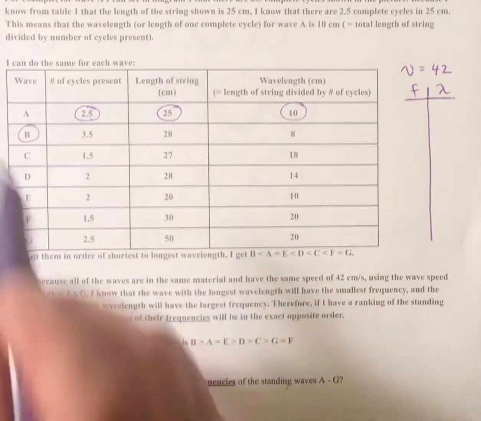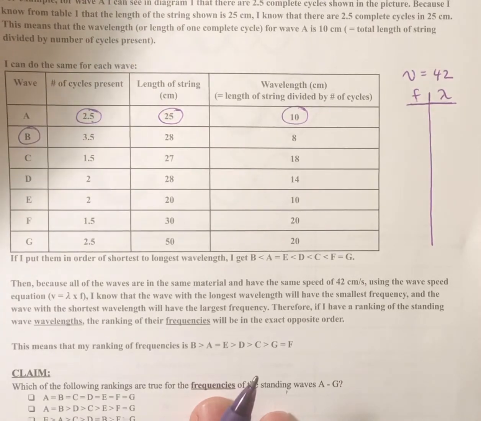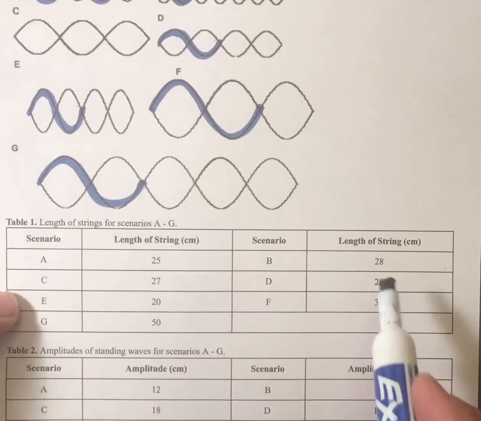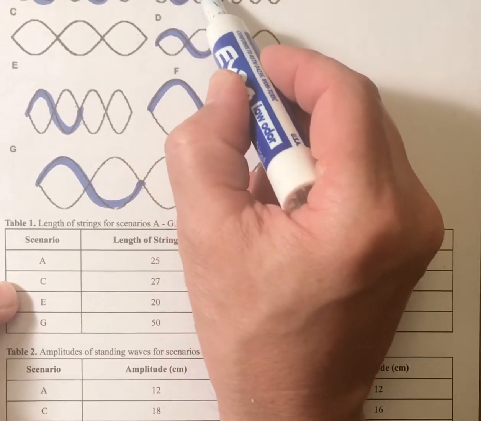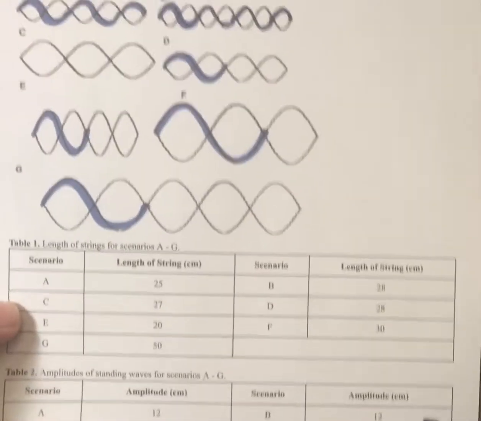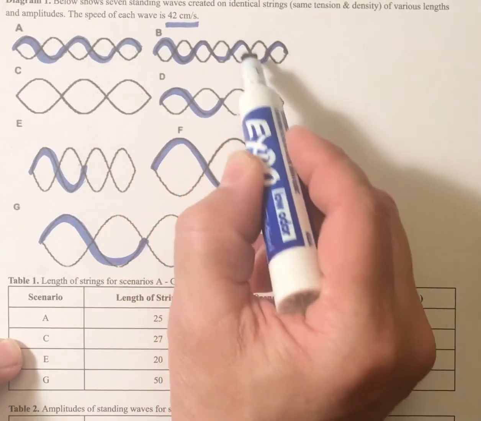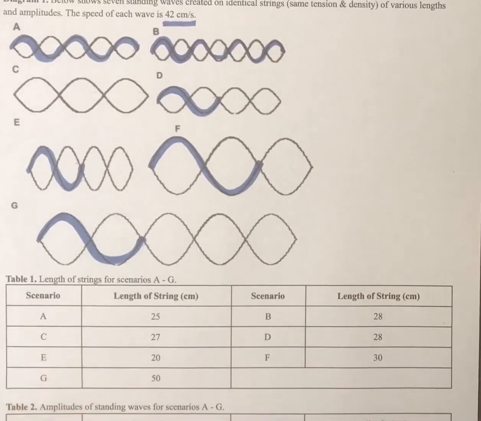Now, if you look at wave B, this has a length of 28, and there is 1, 2, 3 and a half.